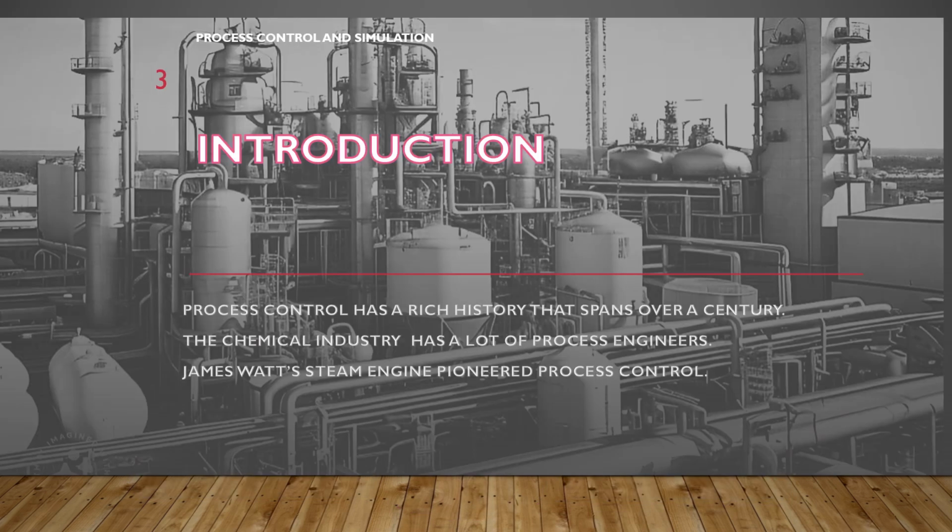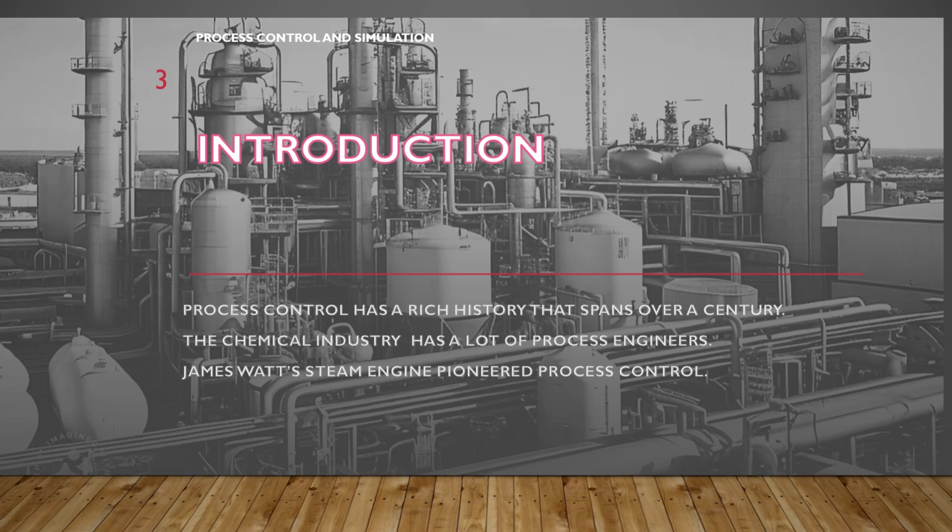Process control is a field you can't joke with if you want to become a real world expert in chemical engineering, because obviously everything in the chemical industry revolves around process control. Process engineers are in fact very close to chemical engineers.